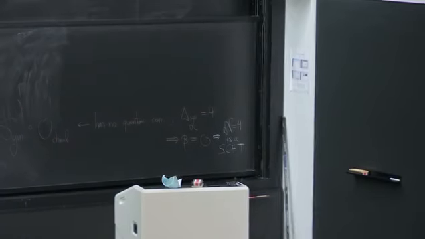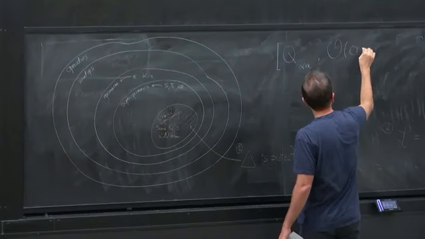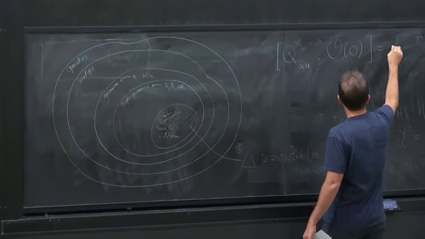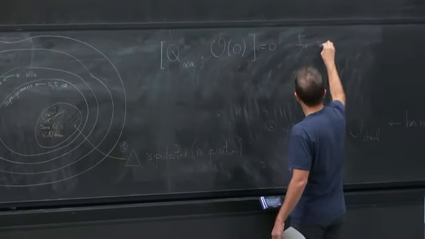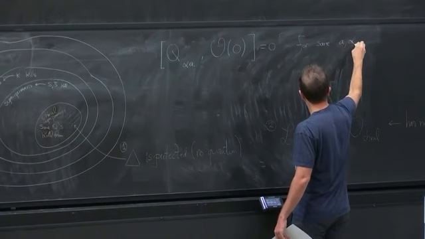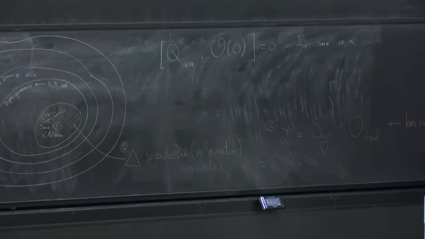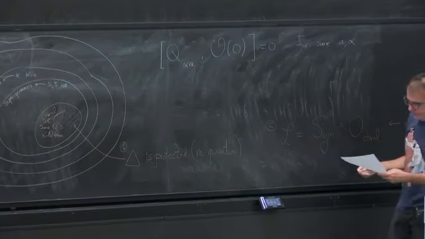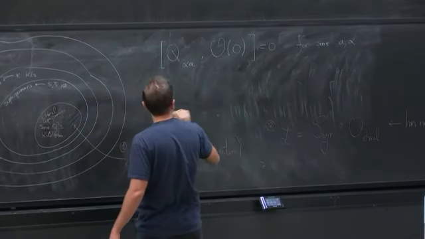So let's start with writing the condition. We want that Q alpha A acting on our operator O at the origin is equal to 0 for some A and alpha, or some charge. And in particular, because the operator is a superprimary, it's killed by S and S bar.